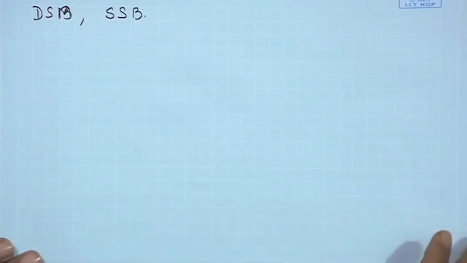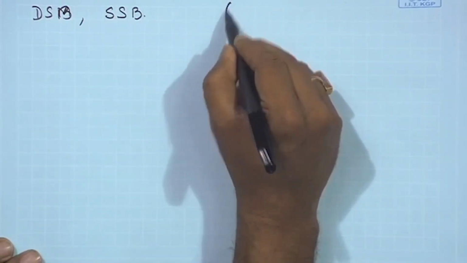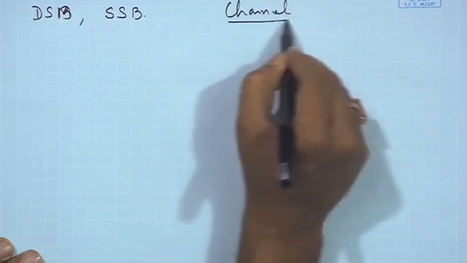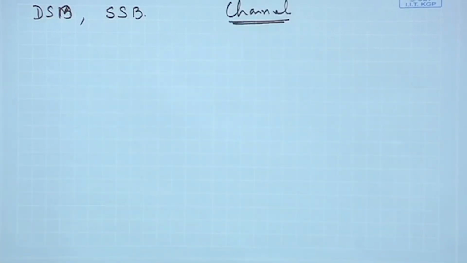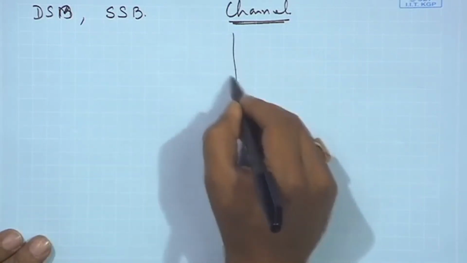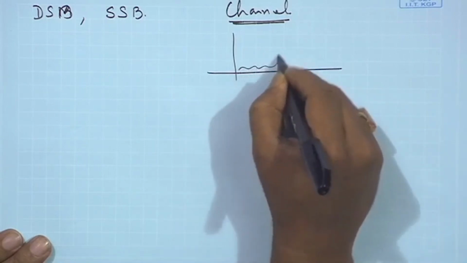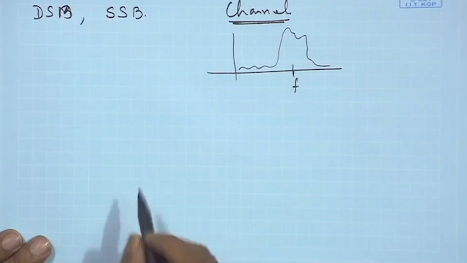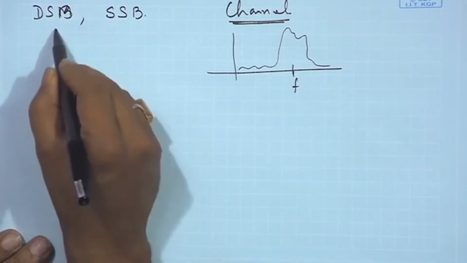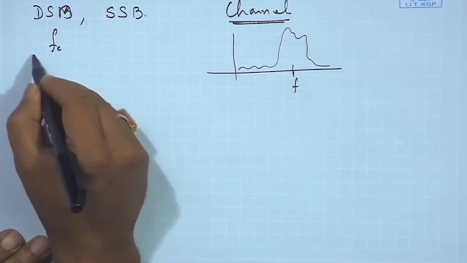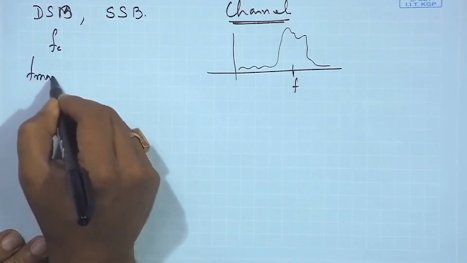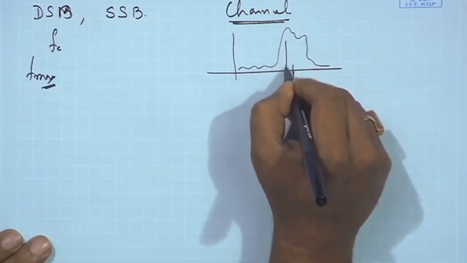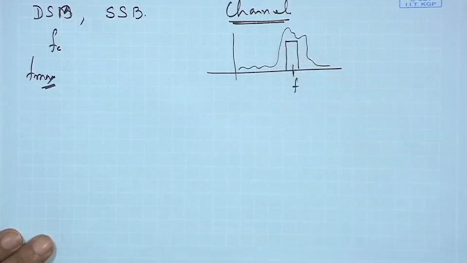And generally it is assumed that the channel allows a set of frequencies which is around a certain carrier. So, if the channel has a frequency response which is like this, we would generally design these signals in such a way that we choose a carrier f c and we allow f max of the modulating signal, so that it is completely contained within the pass band of the channel.